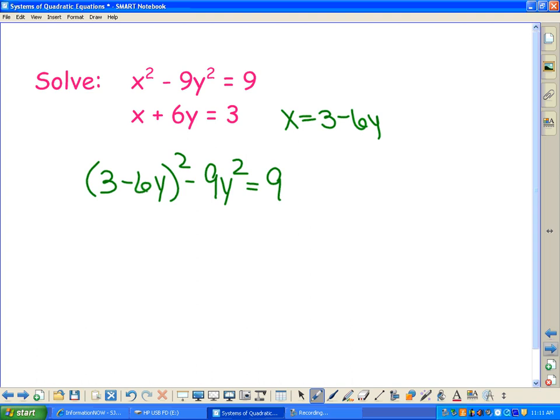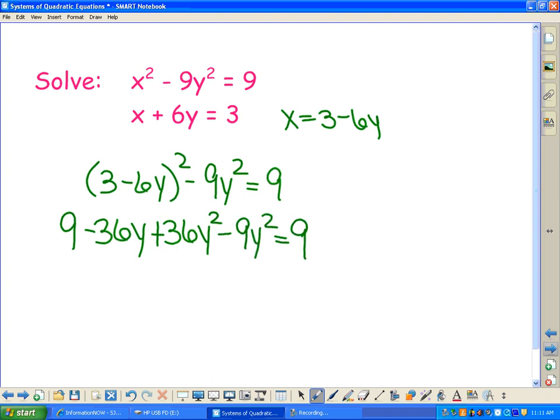Now it's just algebra, lots of algebra. You have to FOIL this thing out. 9, that'll be minus 18y minus another 18y, so minus 36y, plus 36y squared, minus 9y squared is equal to 9.